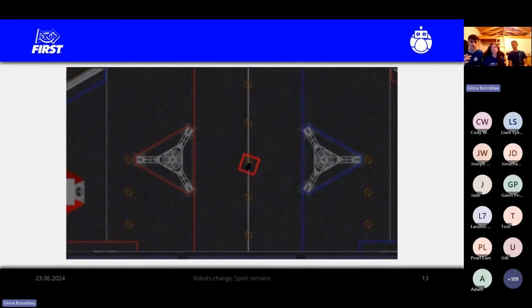We also have two squares, one in a lime color and one in an orange color. Both of them are showing the pose estimation from the Limelight or the Orange Pi that was running PhotonVision.